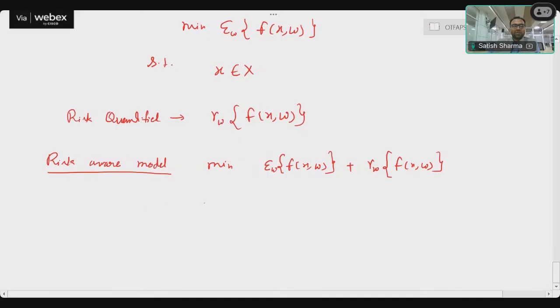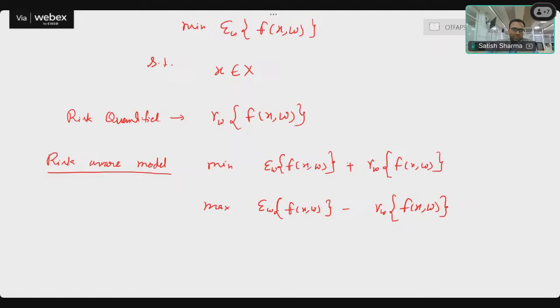If it is maximization, I want to maximize my function value and, in that case, minimize my risk value. These values are contradictory or conflicting objectives, so this is one kind of multi-objective problem.